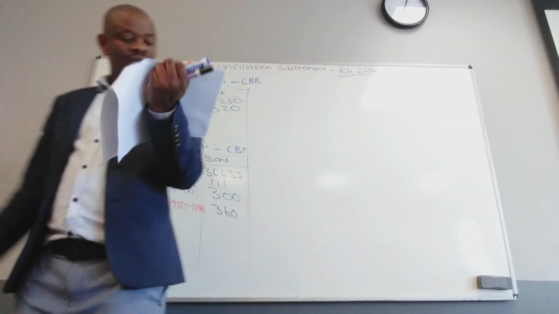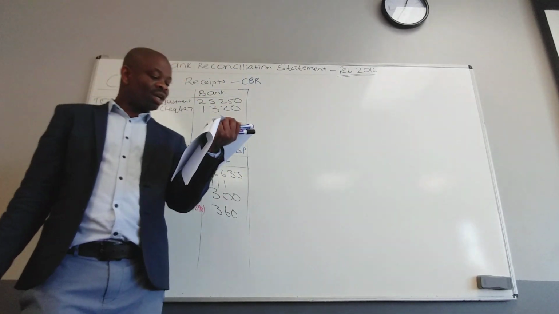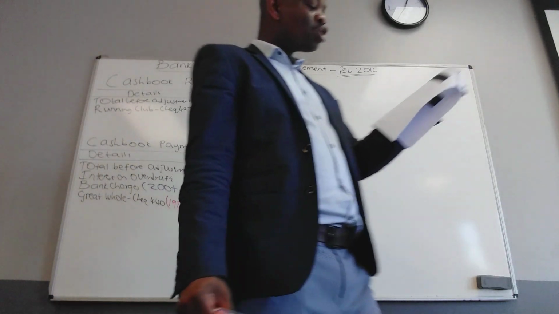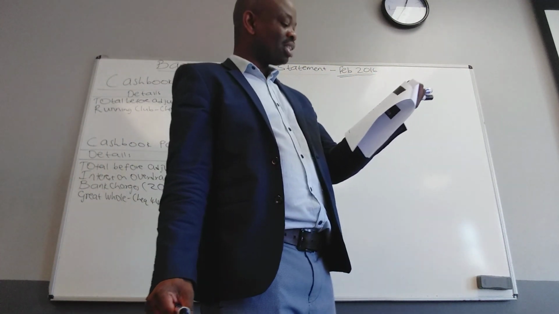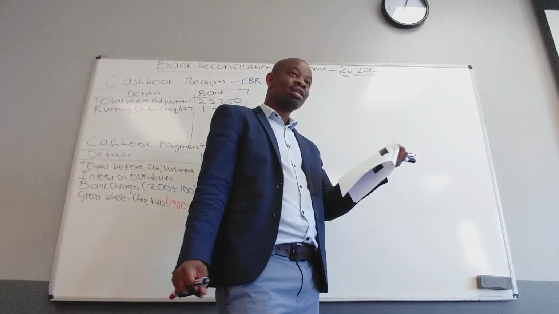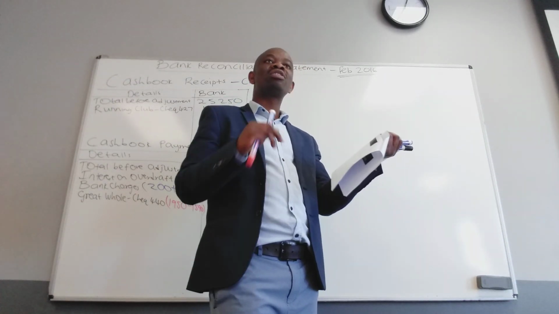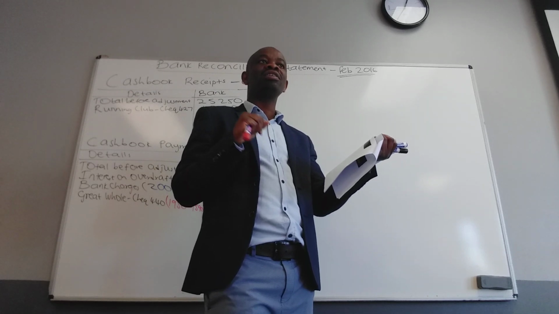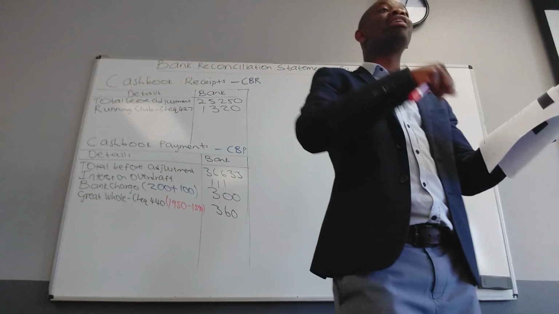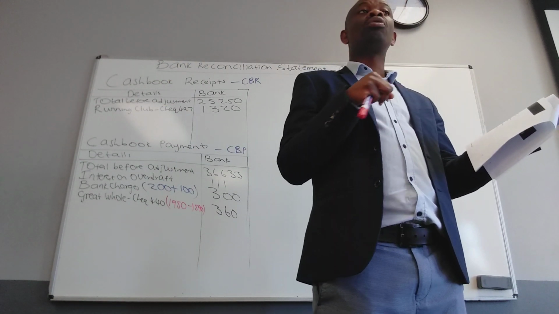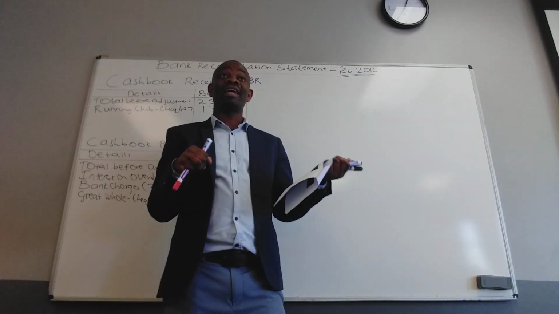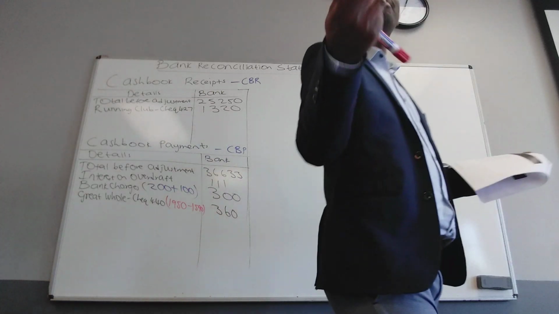Number 6. Check number 5671 for 1000 was incorrectly debited to the Lake Superstore's bank account. This check was not drawn by us, meaning this is not the check that we issued. So someone maybe issued a check, but they took money from our own bank account. What do we call this? BRS, an error which has been made by the bank.